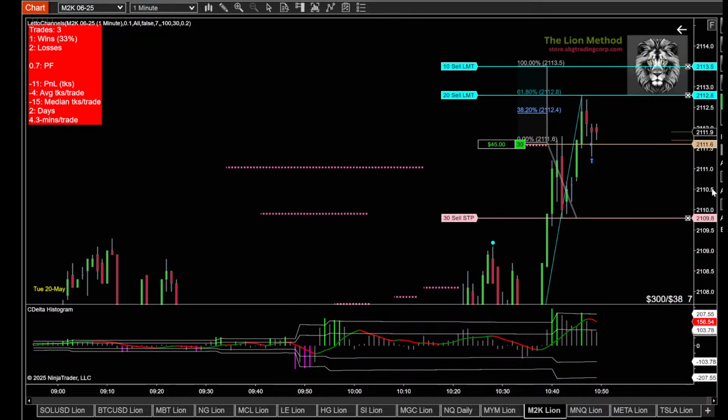So there's our target, 100% of that swing distance.